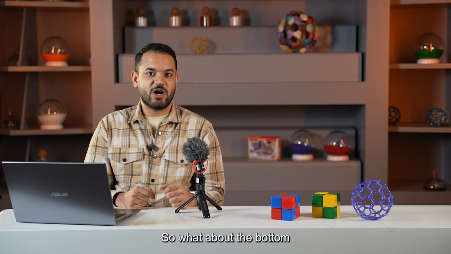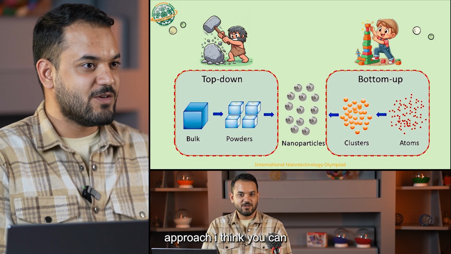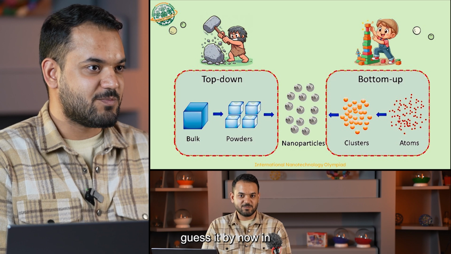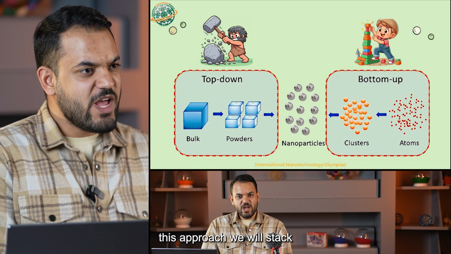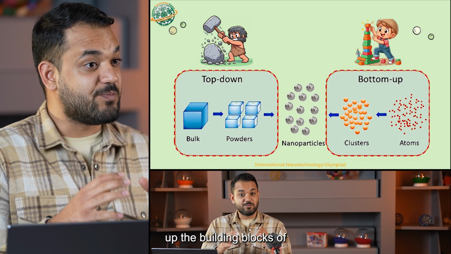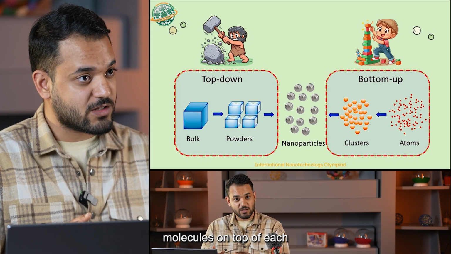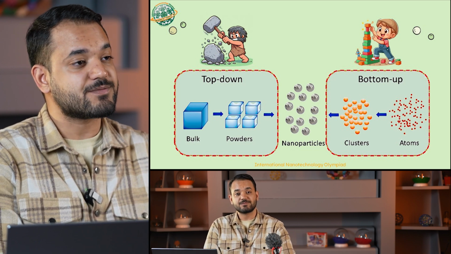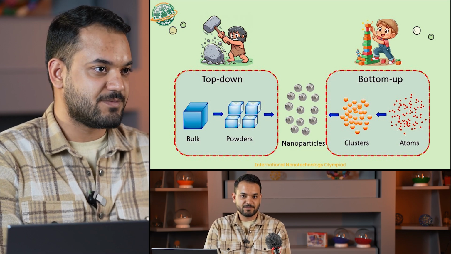So, what about the bottom-up approach? I think you can guess it by now. In this approach, we stack up the building blocks of the universe, the atoms and molecules, on top of each other to make our desired nanomaterial.